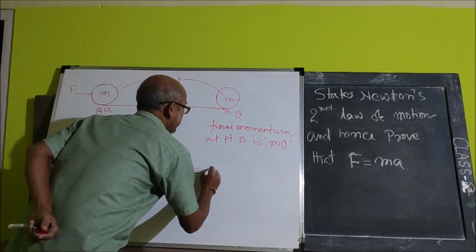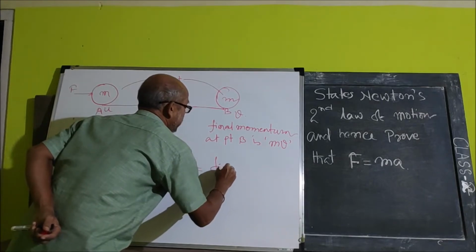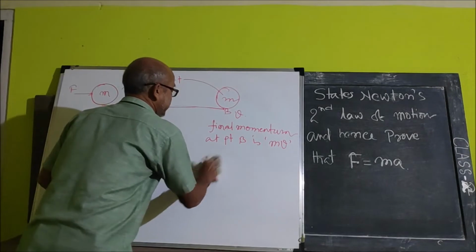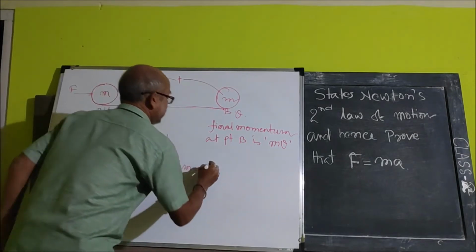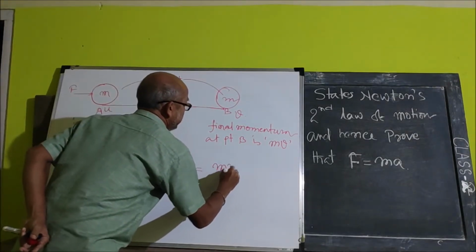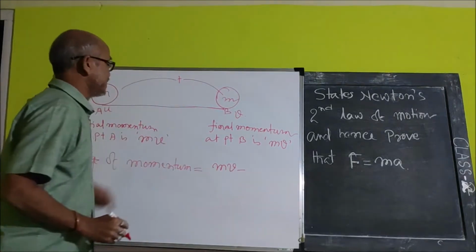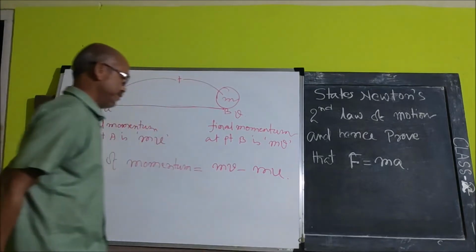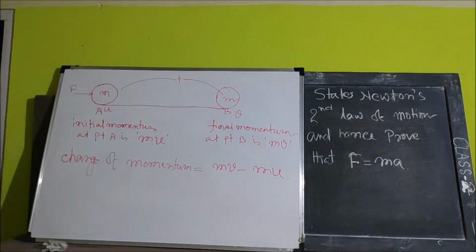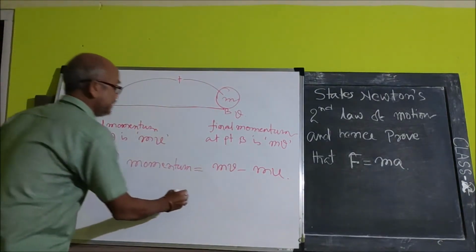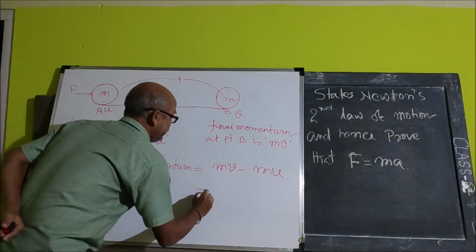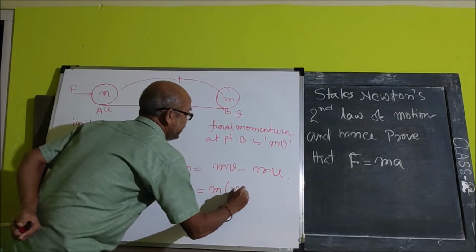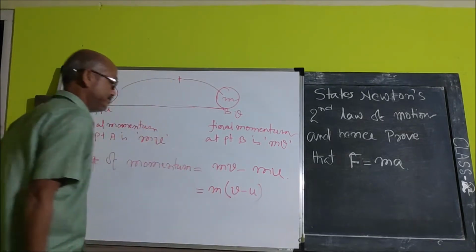That means final momentum mv minus initial momentum mu. If we take m common, then it is m(v minus u).